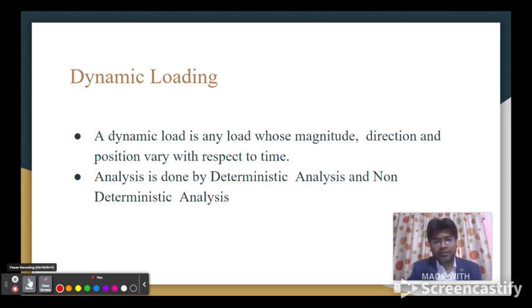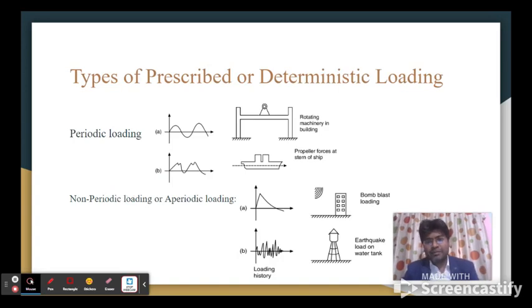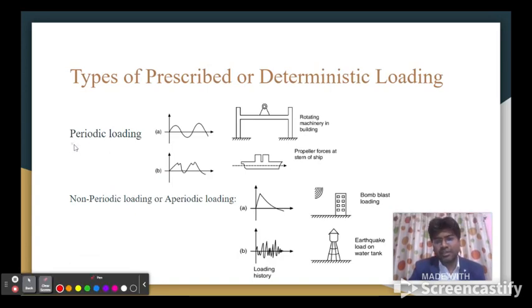Okay, now moving on to our next slide. Now, types of prescribed or deterministic loading. Okay, there are basically two types of deterministic loading available. This is periodic loading and non-periodic loading. As the name suggests, if the load is repeating itself after some time, for example a rotating machine, or the propeller forces at the stern of a ship, these types of loading are called periodic loading.